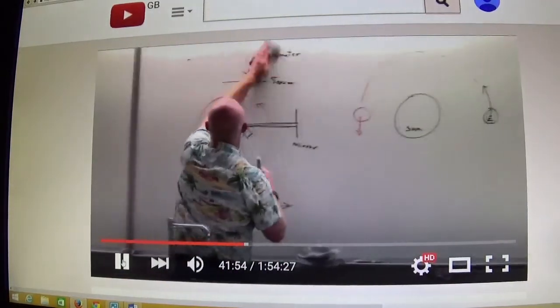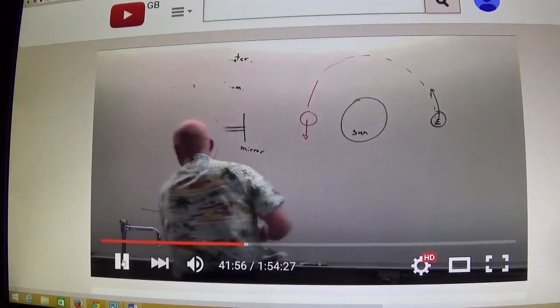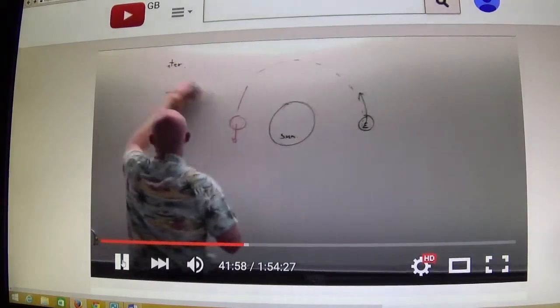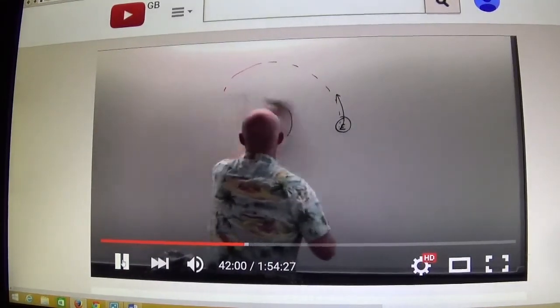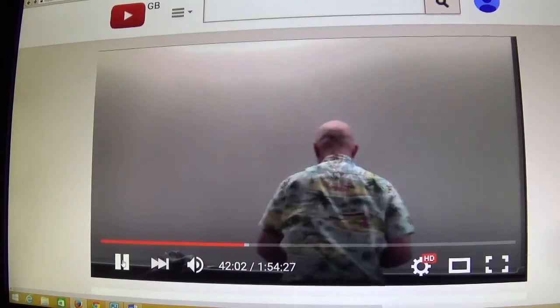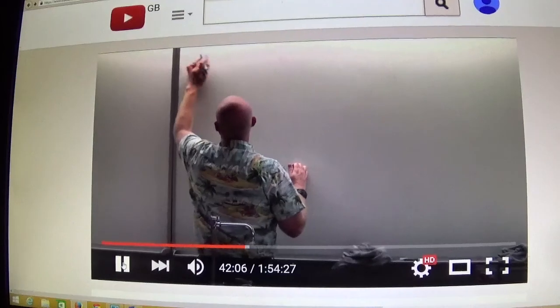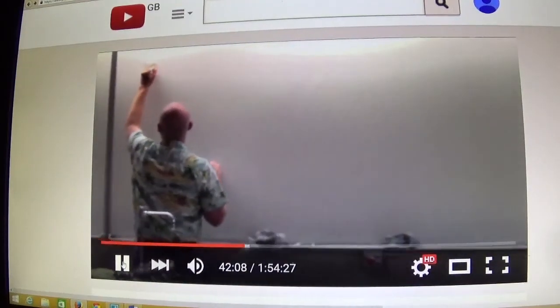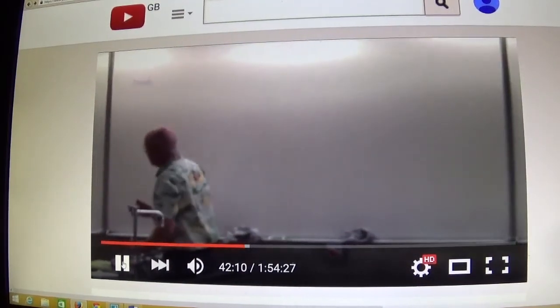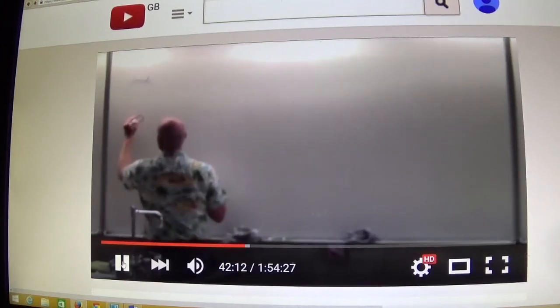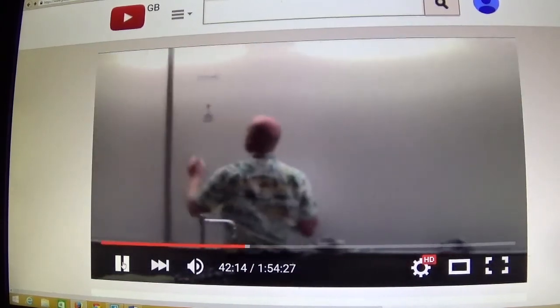I guess it would be something like this. What if we take a look from the inside? The inside might look something like that.